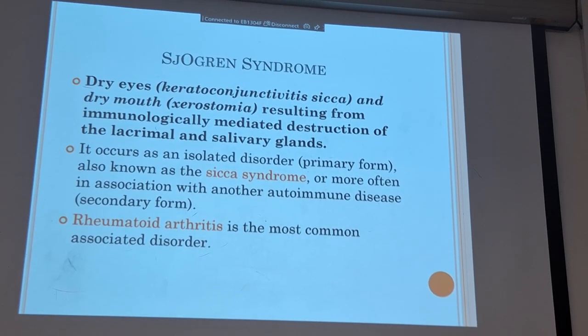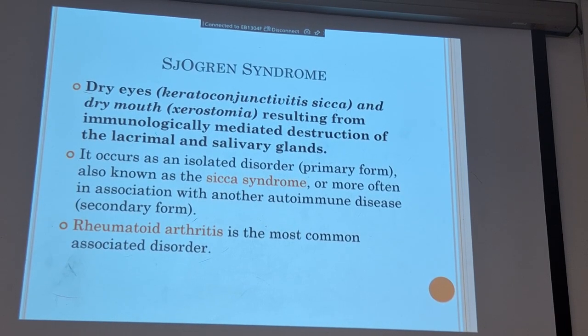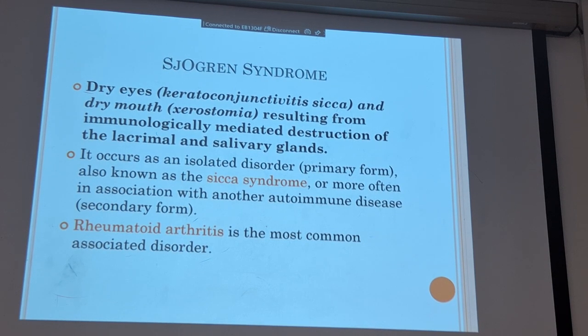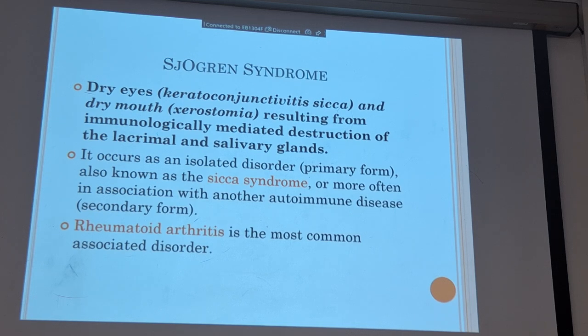What causes dry eye and dry mouth? Lack of tears, lack of enough saliva. Something with the glands. Yes, exactly. Lacrimal gland and salivary gland. So the target for the immune system is these glands.